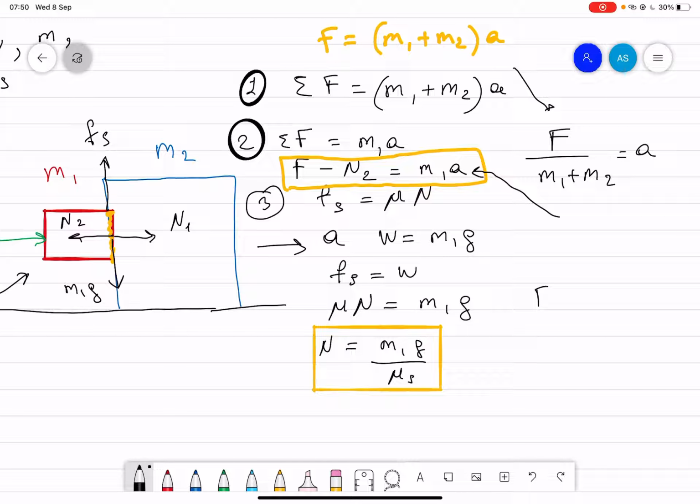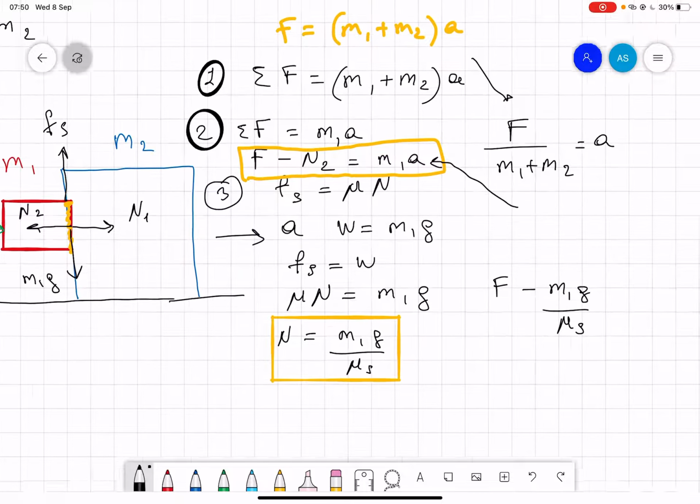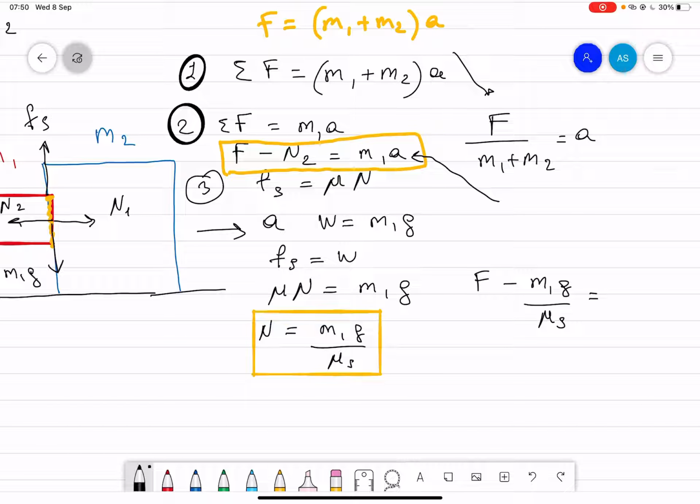Then you can say that F minus the normal force, which you can substitute immediately as m1g divided by mu s, is equal to m1 times F divided by m1 plus m2. So that's it. From here you just have to find F.